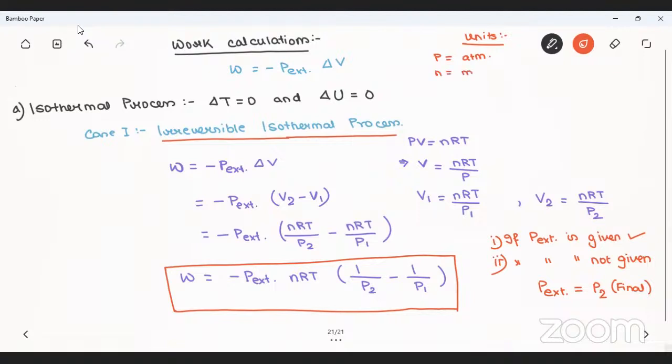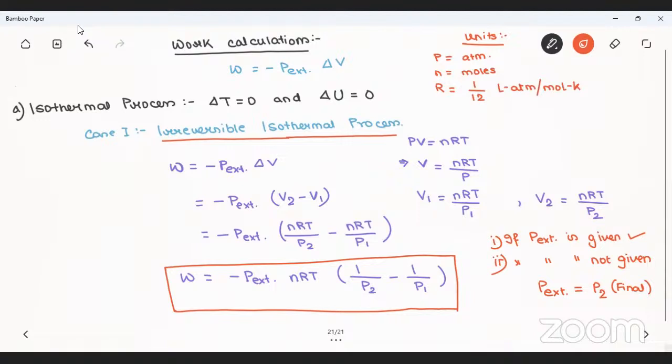N will be given in moles. R you will write as 1/12 liter atm per mole Kelvin. This is the value for R.